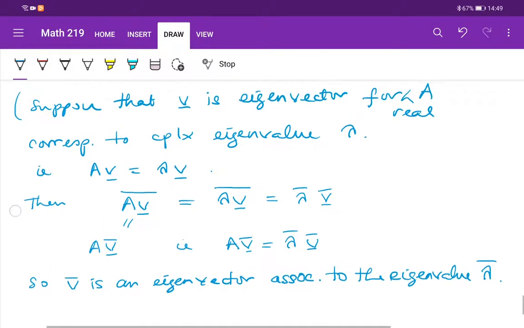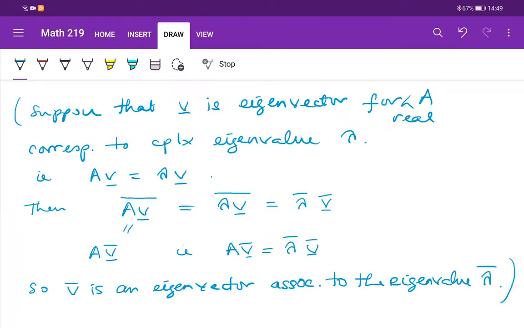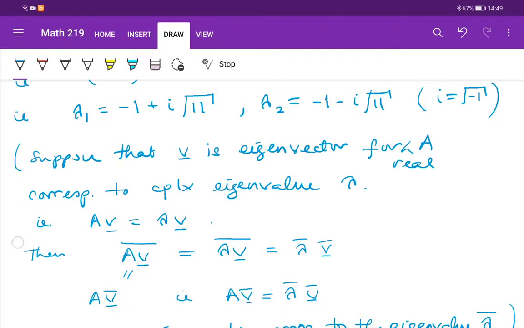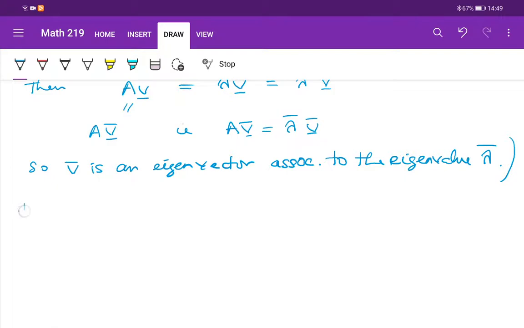Okay, so this is a general fact. In our case, we have lambda 1 is minus 1 plus i root 11, and lambda 2 is equal to lambda 1 bar. So if we find eigenvectors associated to lambda 1, then their conjugates will be eigenvectors associated to lambda 2.